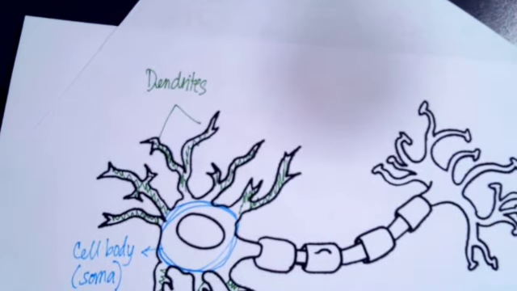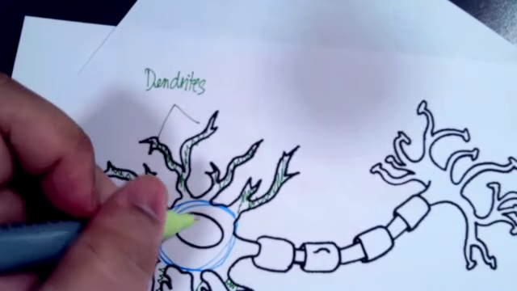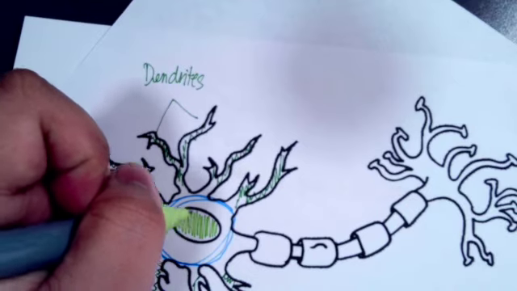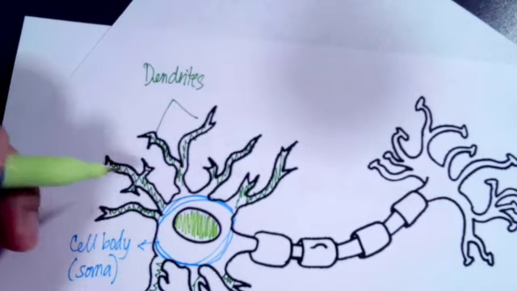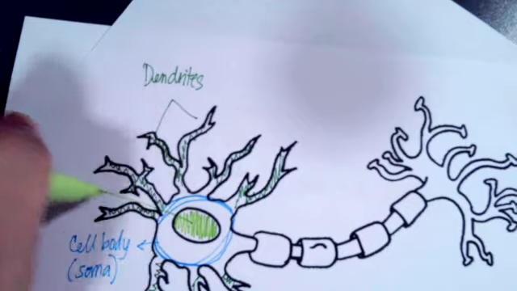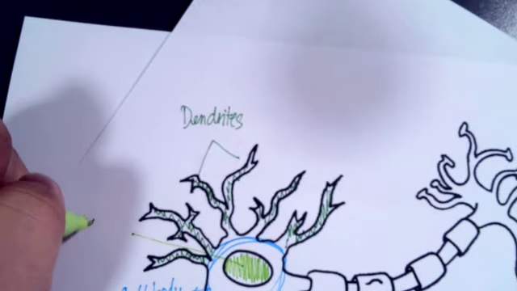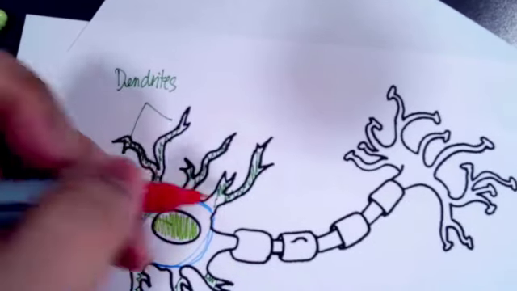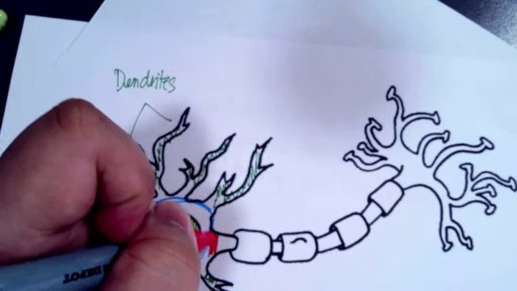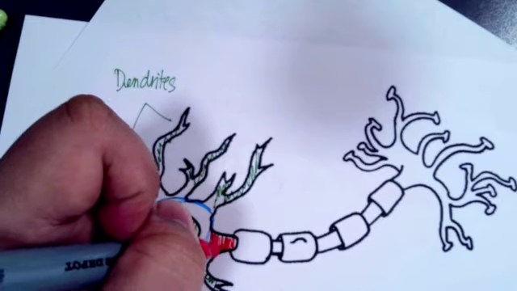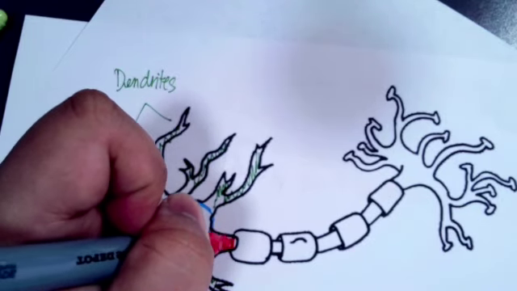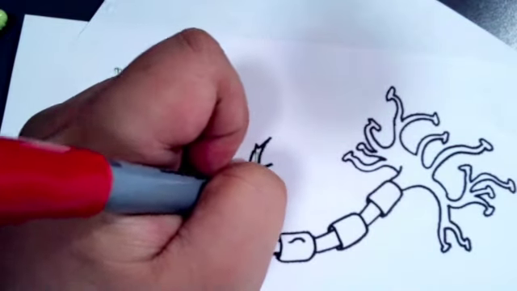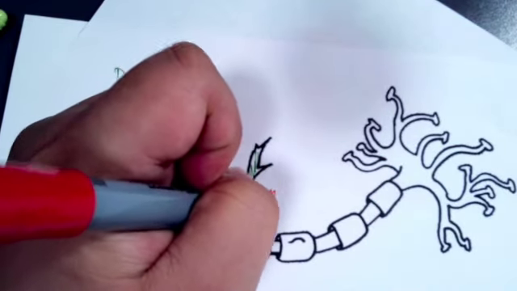Okay, and as we move on, this oval one over here in the center of the cell body is what we call the nucleus. Okay, and on this part, before we move on to the next part of this structure, this is what we call the axon hillock.